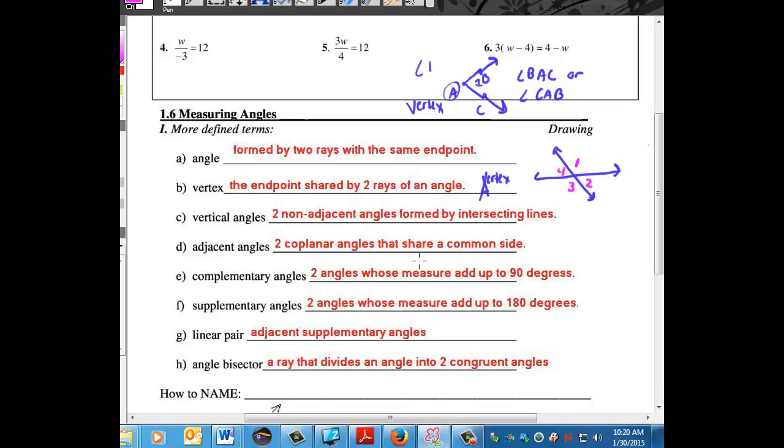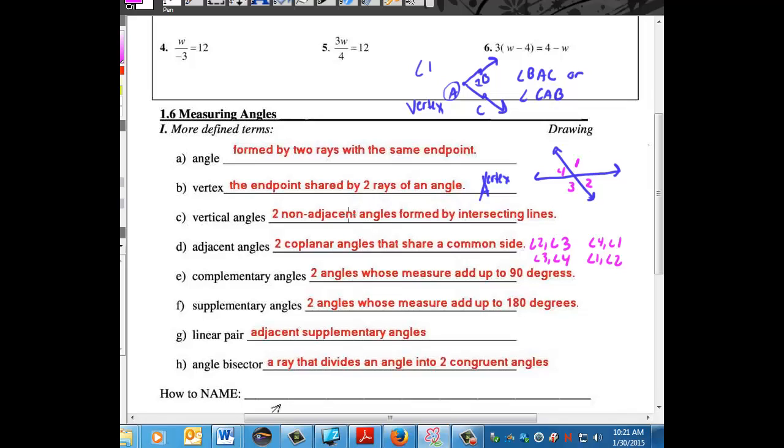Well, when I look at adjacent angles first, it's two angles that share a common side. So I have angle 2 and angle 3, those are adjacent angles. I have angle 3, comma, angle 4. I have angle 4, comma, angle 1, and angle 1, comma, angle 2. All four of these would be considered adjacent angles.